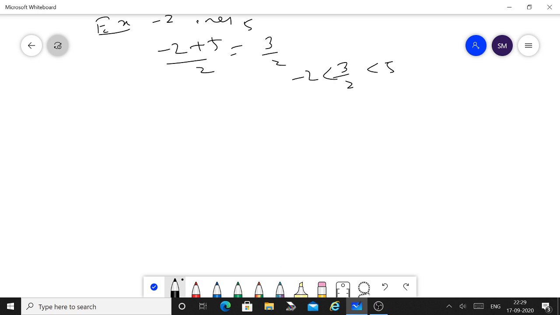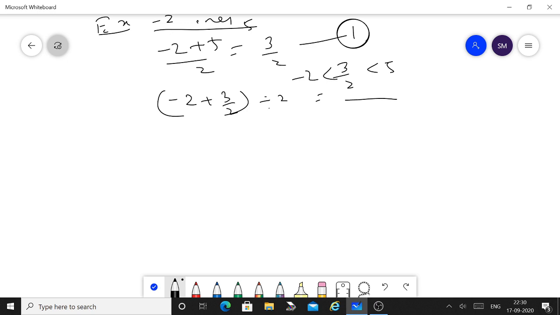Then if you have to find 3 rational numbers between them, now you have the first rational number. You have to find 2 more rational numbers between -2 and 5. Then what can you do? Take -2 plus 3 upon 2, divided by 2.